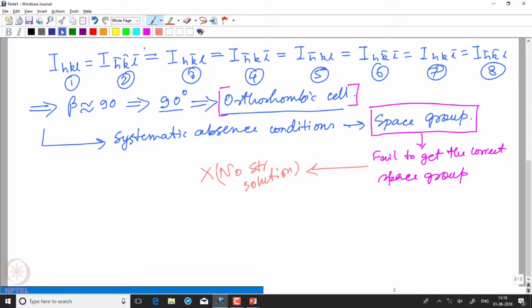would like to highlight here is the situation when A is very close to B and is not equal to C, with alpha equal to beta equal to gamma equal to 90 degrees. In the same way, we need to see whether it is tetragonal or not.